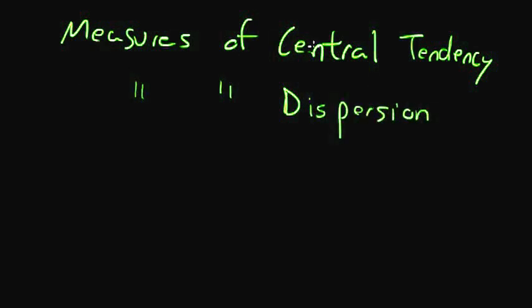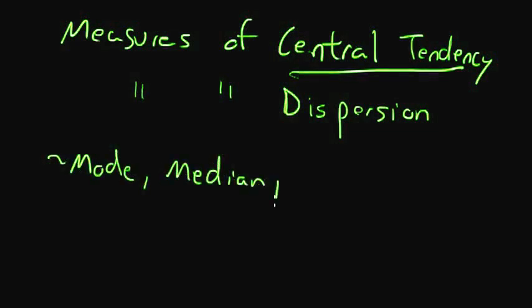For the central tendency type, and this is probably going to sound familiar to you, we have what's called the mode, the median, and the mean. I bet that sounds pretty familiar to you.